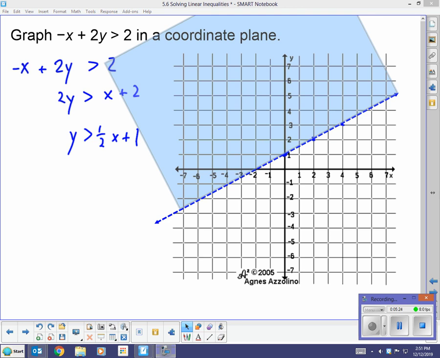I want the area above the line to be shaded. Again, what this means is every point up here will make this inequality true, just like in those first examples we did. Also, remember, we don't have the equals bar, so a dashed line. So none of the points on the line will make this inequality true.